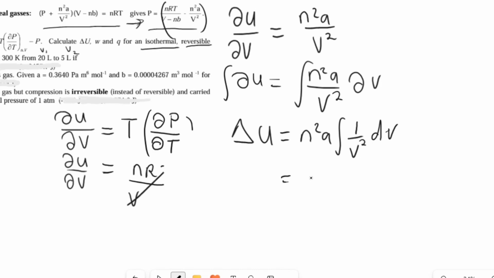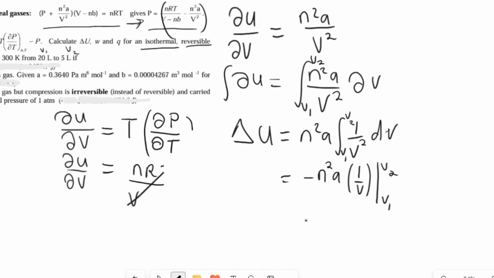Okay, and then what do we get? We get the negative of n squared a over V, but I will write it as 1 over V here, and then integrate from the limits of integration, from V1 to V2. We should indicate all the way here, V1 to V2.